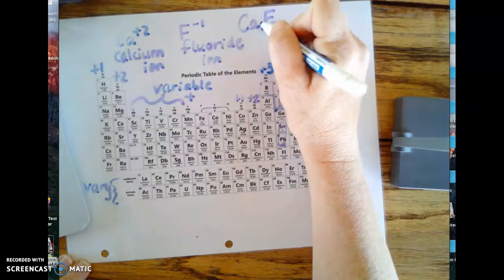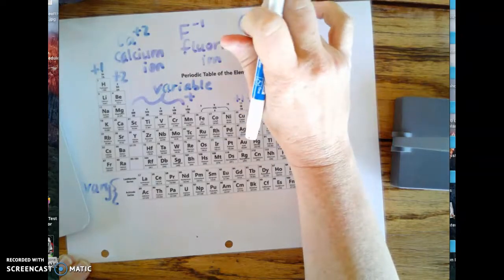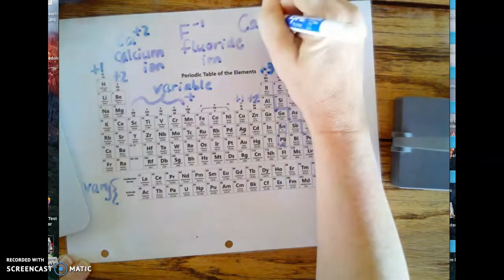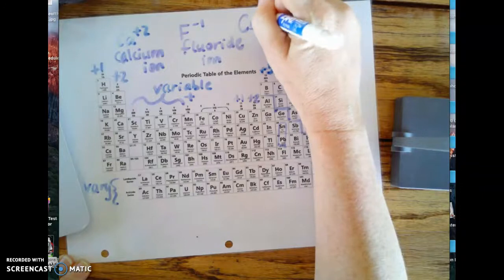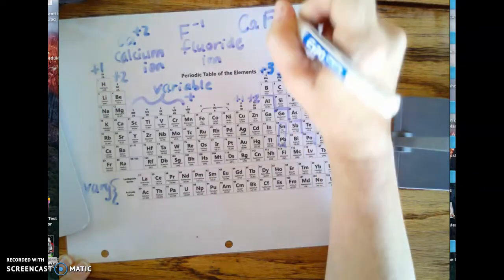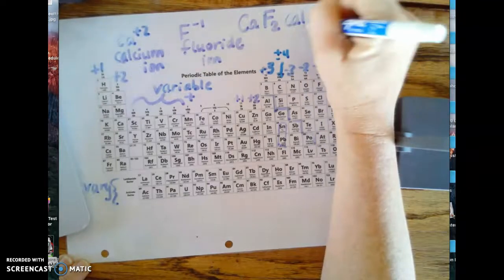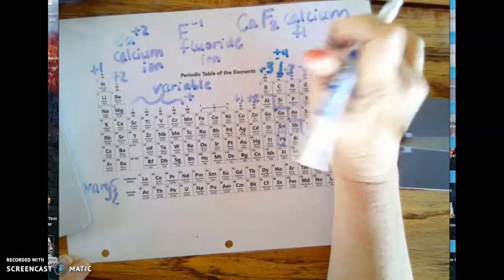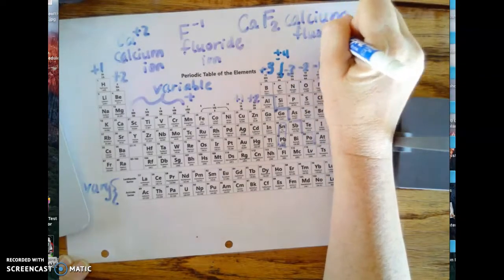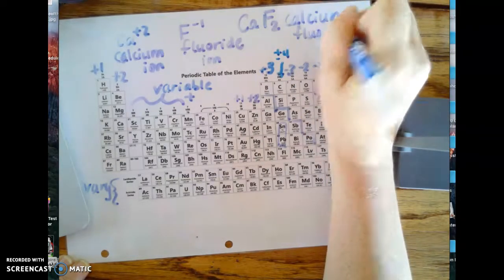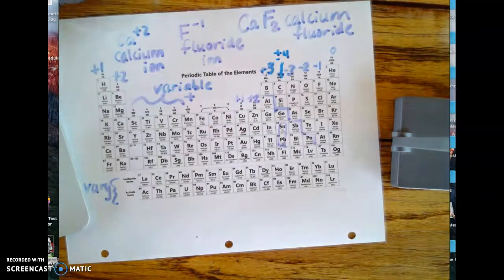We don't have to show it. It's not wrong if you show it. So if you put your 1 in there, it's okay. So CaF2, and the name of the compound would just be calcium fluoride. Oops, I did what I tell y'all not to do. Fluoride, calcium fluoride. Hope that helps clear some things up for you.